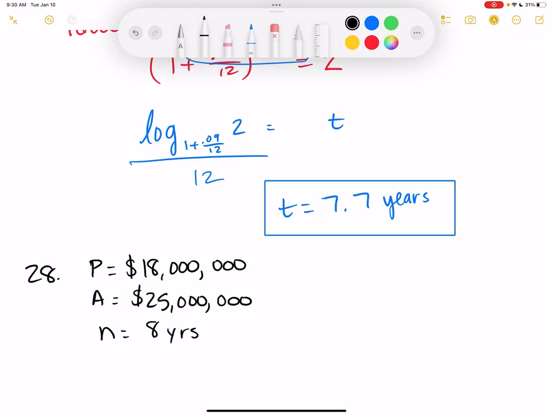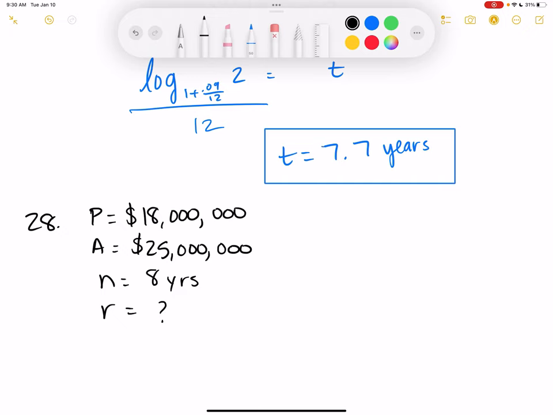And he wants to know what interest rate compounded annually, so that just means it's getting compounded once per year, so we can use the simpler formula. We're solving for R, meaning our answer needs to be a percent when we actually write it.